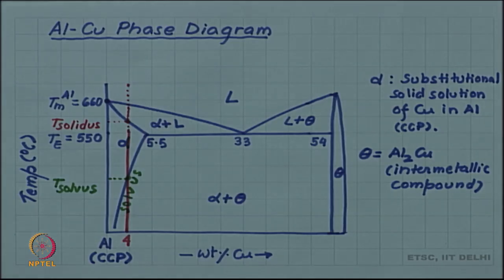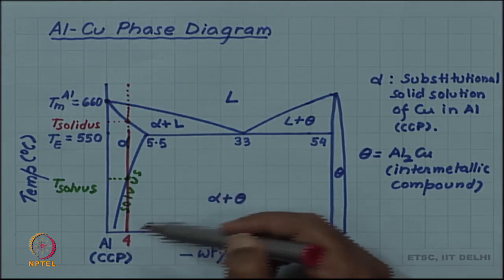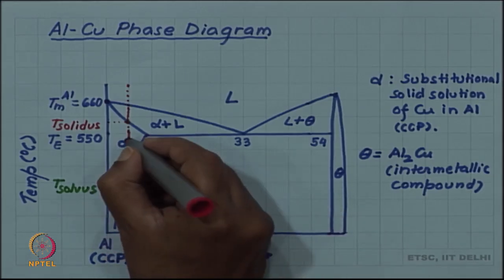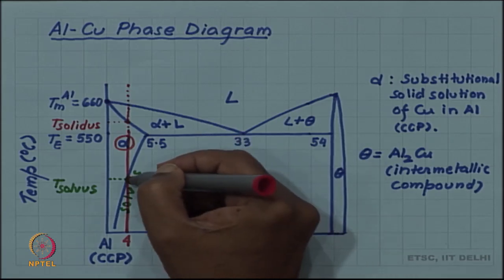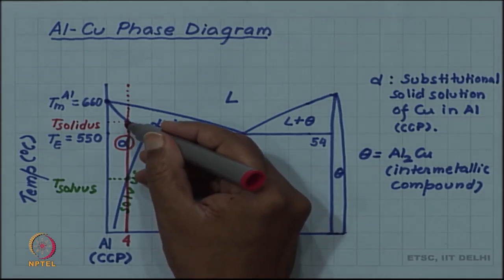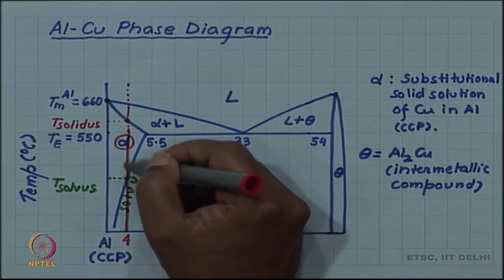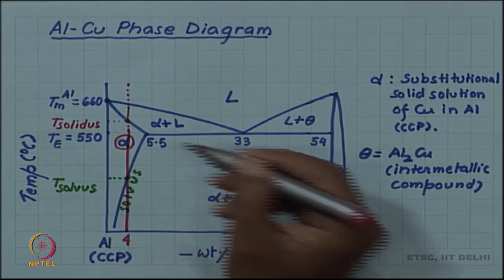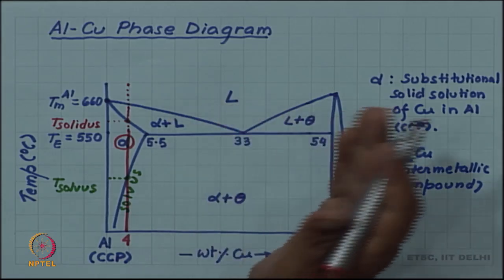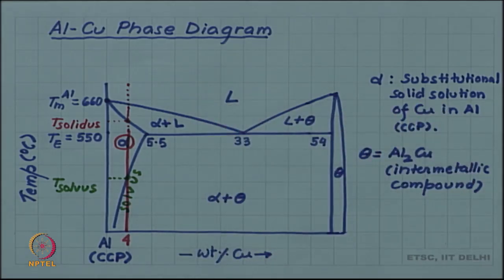So, the idea for heating aluminum alloy is to take it into the single phase field alpha. So, you have to heat above solvus, but keep it below solidus. In this range you will form single phase solid solution alpha. That is what you will like to subsequently quench.